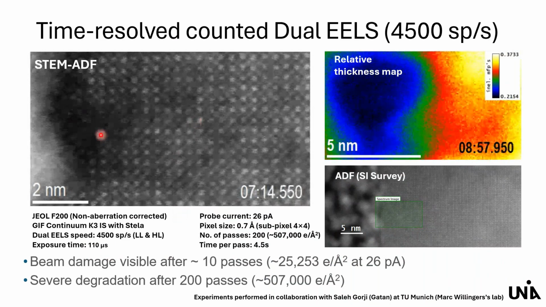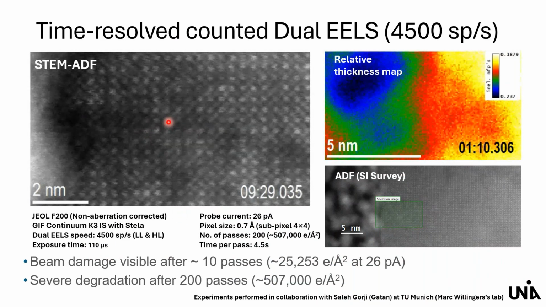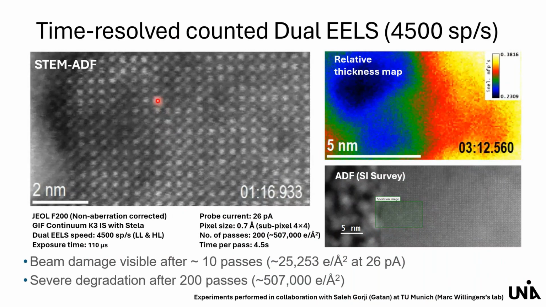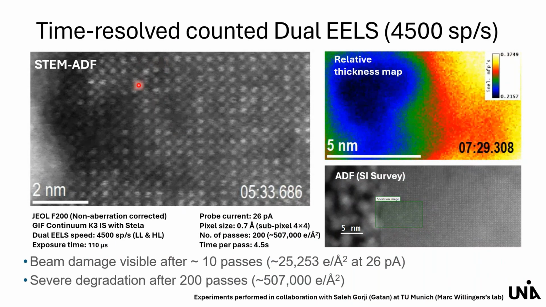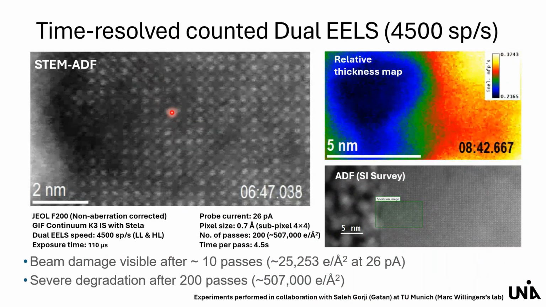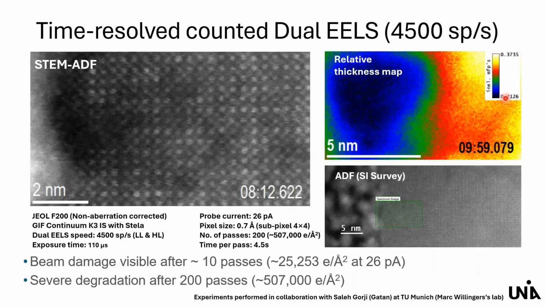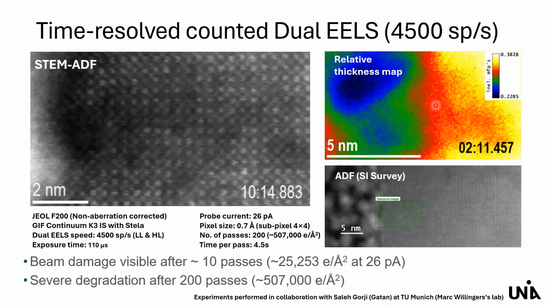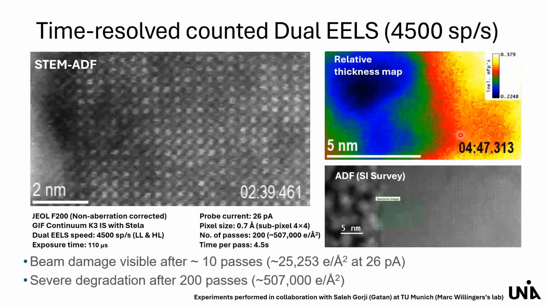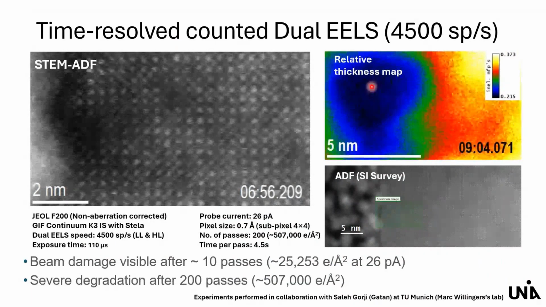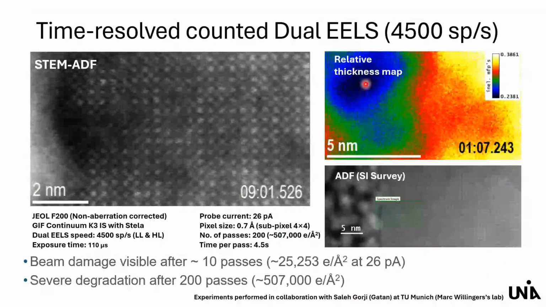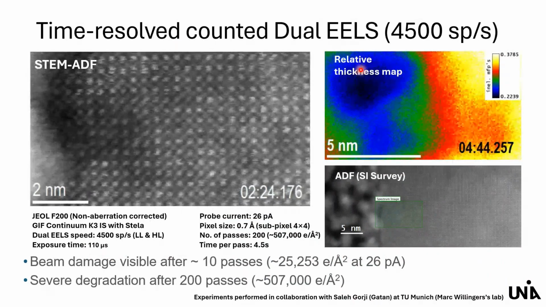So again, on the left side, you see the dark field image with subpixel scanning to get this super resolution image used for drift correction. And on the right side, on the top, you see the relative thickness map, also time resolved. And what's particularly interesting here is that you can clearly see the beam damage over the time.